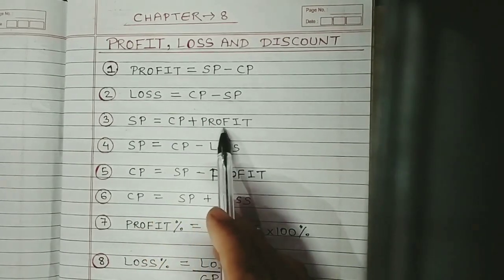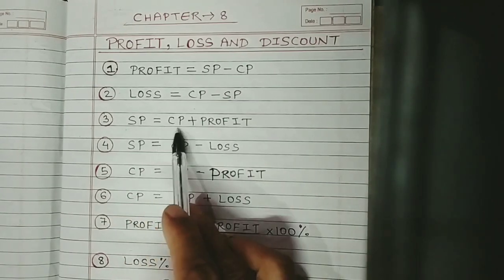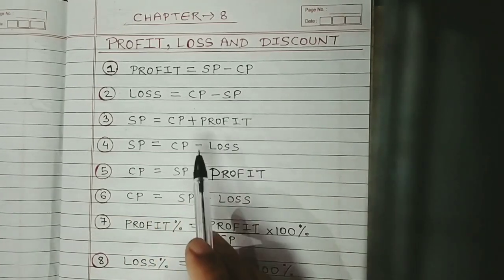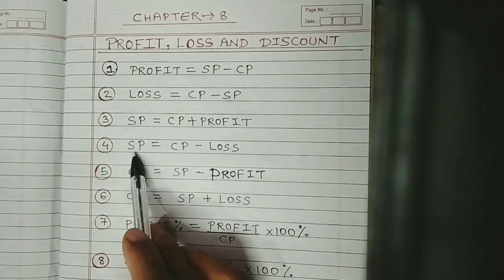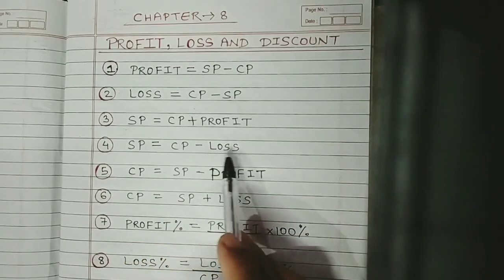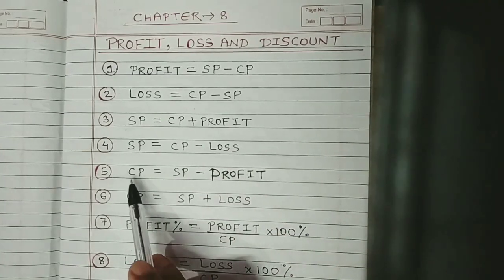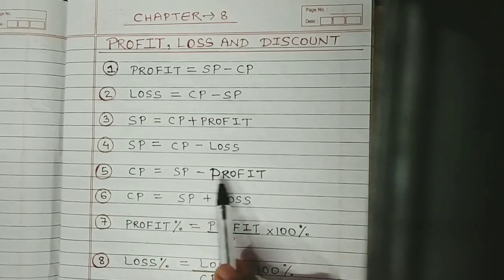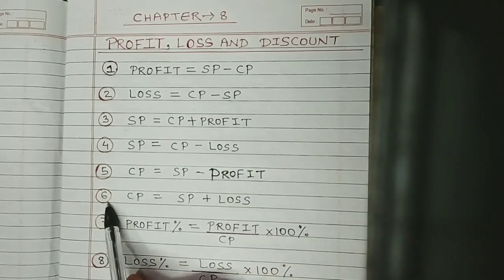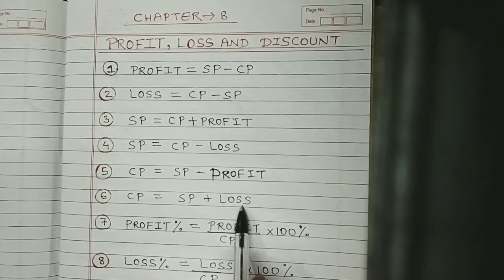If there is a profit, then we will use this formula SP equal to CP plus profit, and if there is a loss, then we will use this formula SP equal to CP minus loss. Clear? And the fifth formula is CP equal to SP minus profit, and the sixth formula is CP equal to SP plus loss.